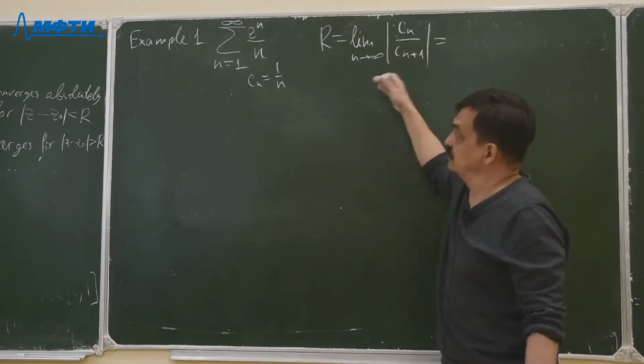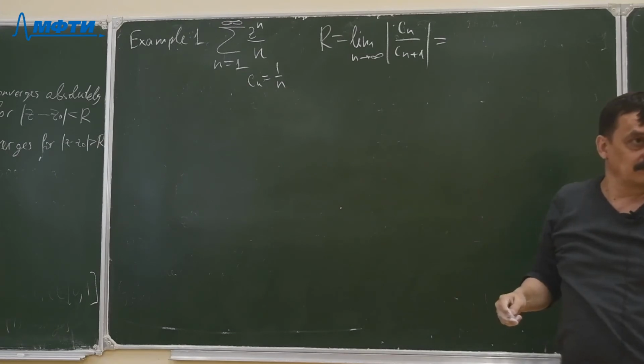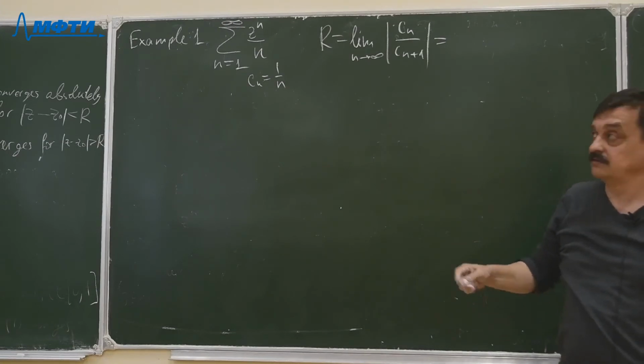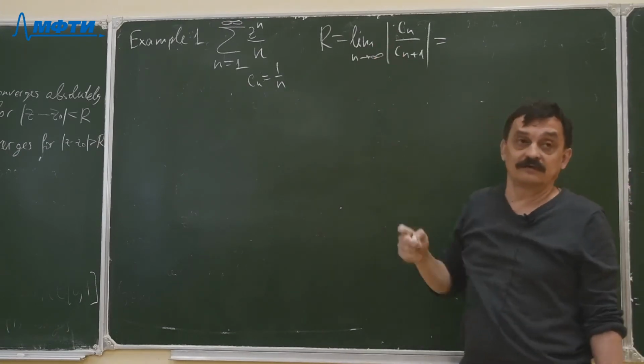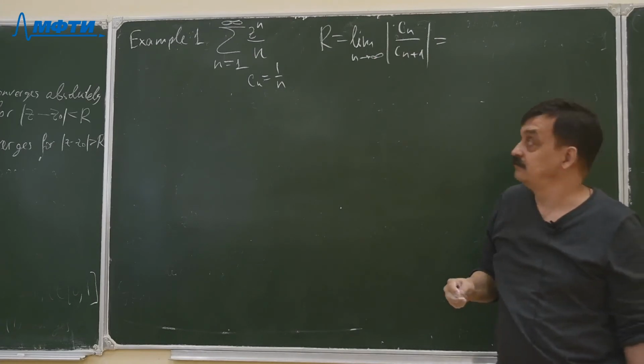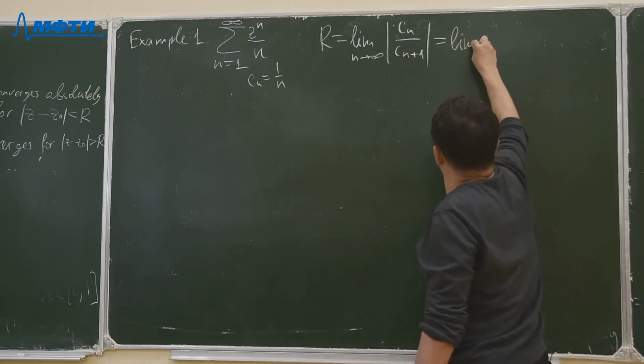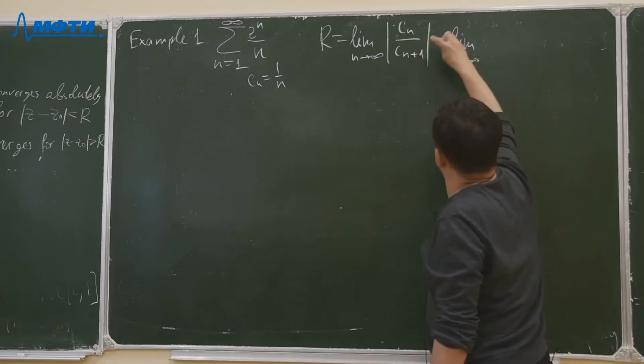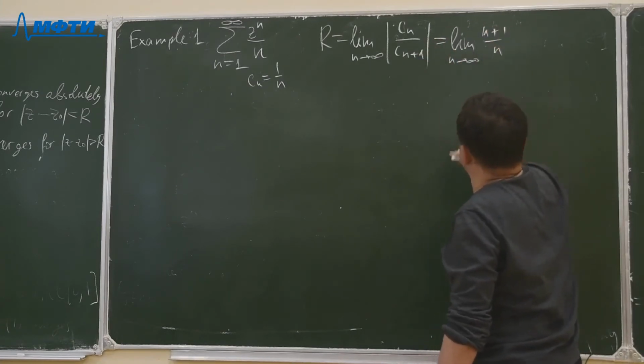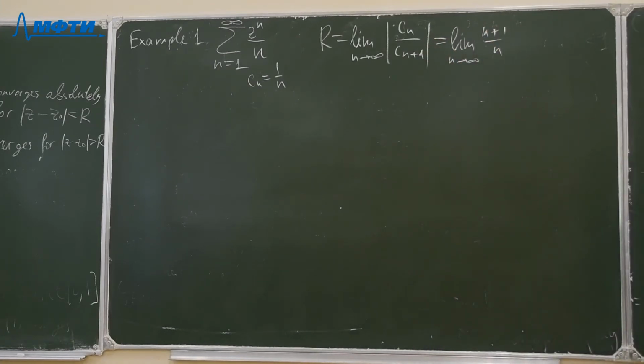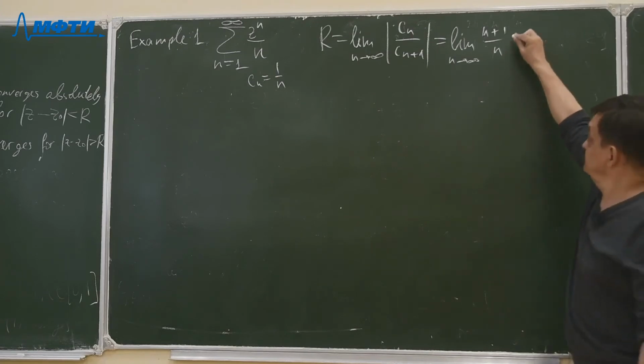And what is the limit? Substitute 1 over n; let me write (n plus 1) over n. What is the limit? 1, of course.